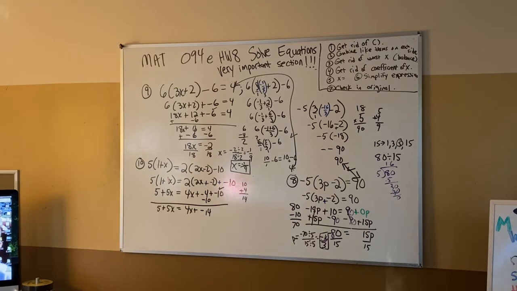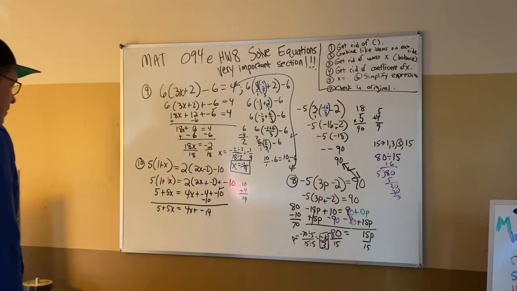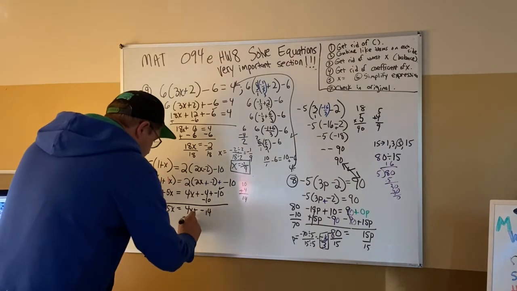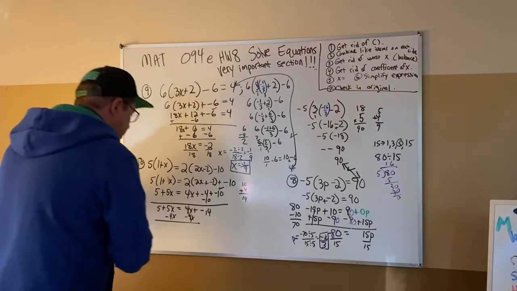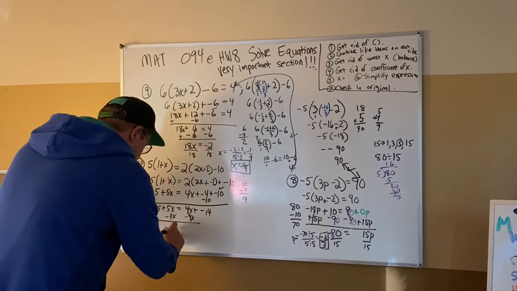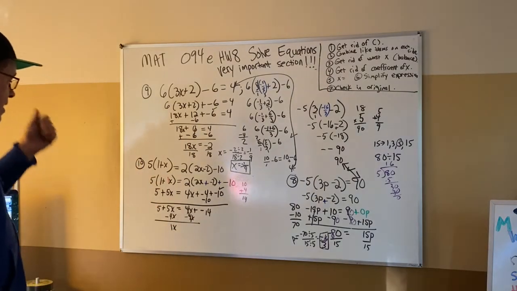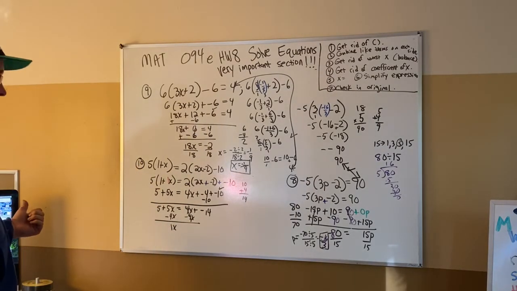I'm now looking to get rid of the worst bank balance. I have a 5x and a 4x. 4 is worse than 5, so I'm going to get rid of 4x. I'm going minus 4x, minus 4x. That's gone. This is 1x. In this case, my x's can only be on the left side.